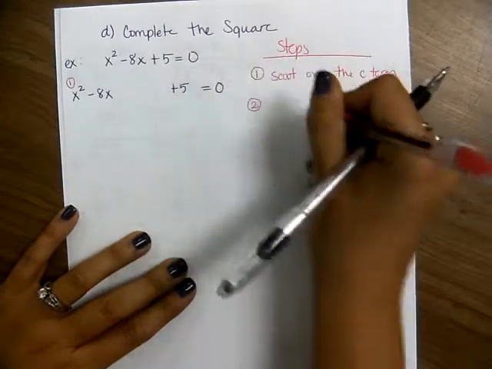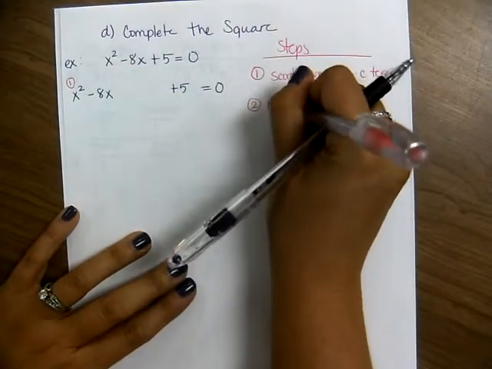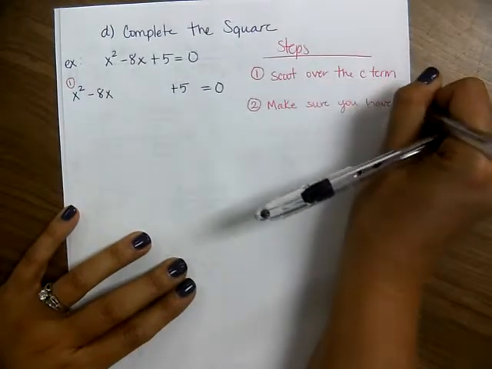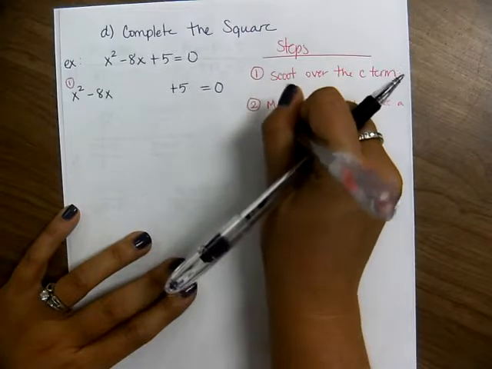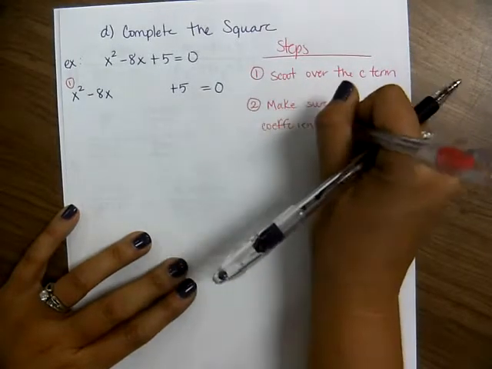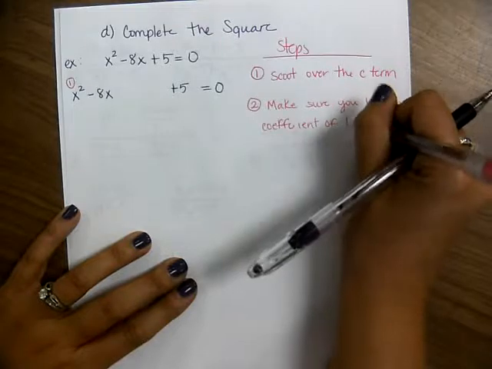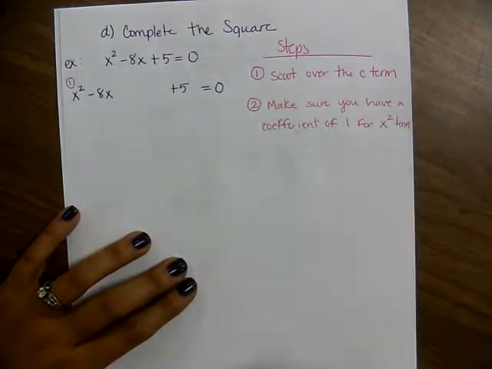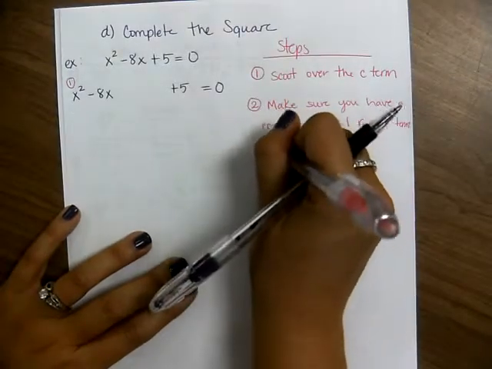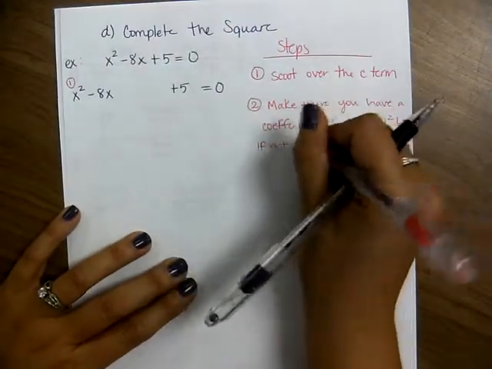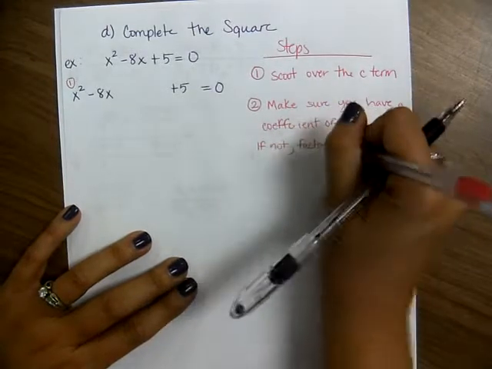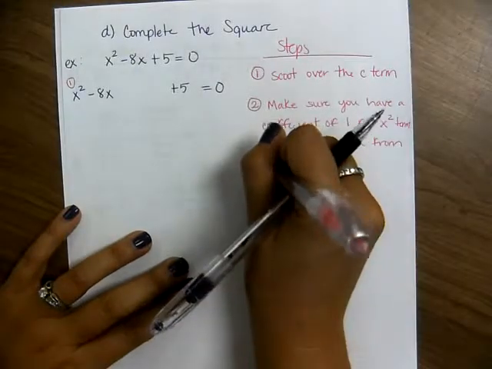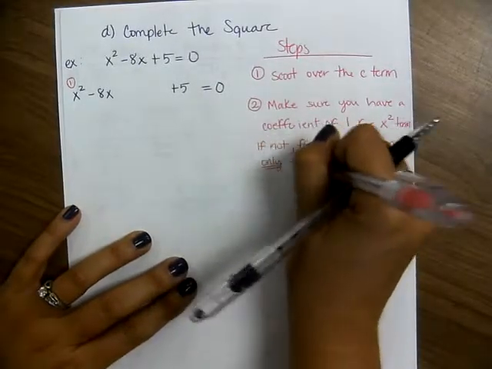Step 2. We are going to make sure you have a coefficient of 1 for our squared term. If not, factor out a from only the first two terms.